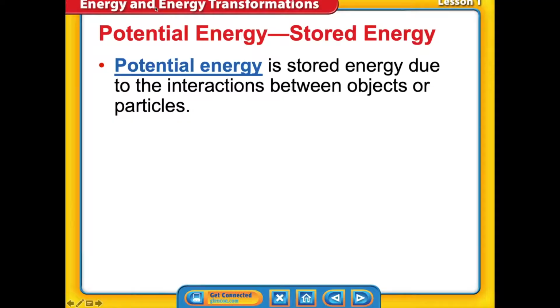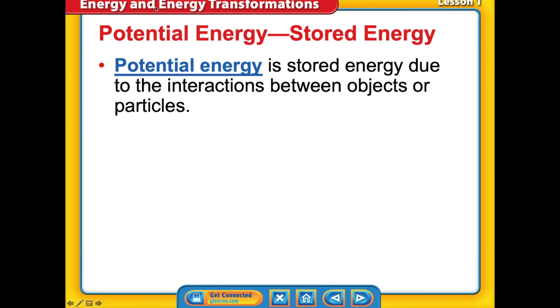And we've been talking about the different types of energy that we have. So we left off talking about these forms of energy, and our notes go over this one more time. So we're going to look at the idea of potential types of energy. Potential energy is stored energy due to the interactions between objects and particles.